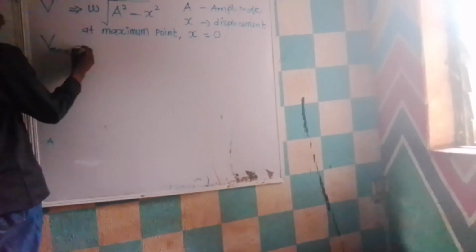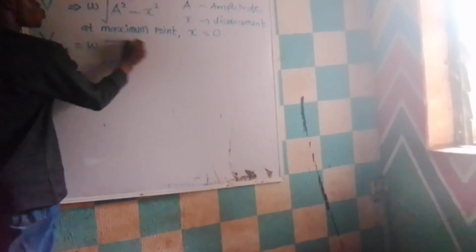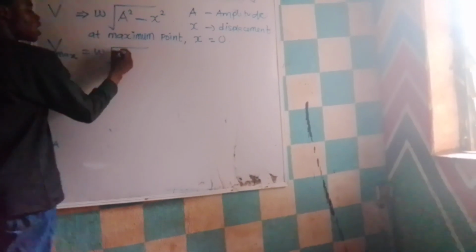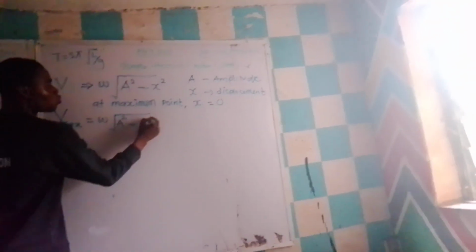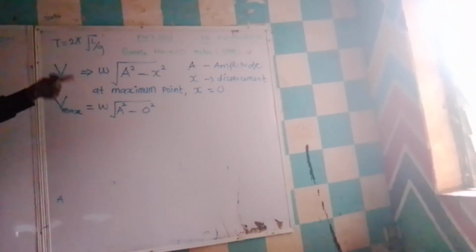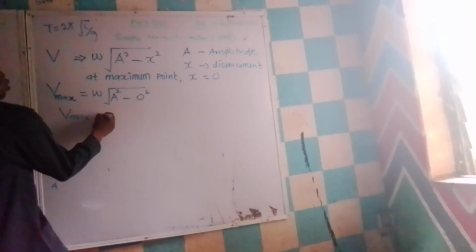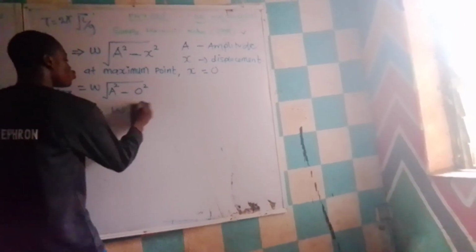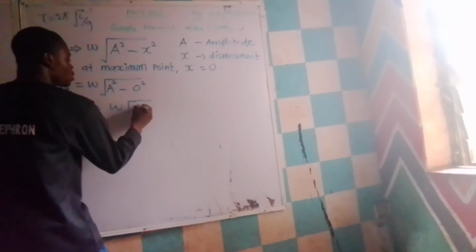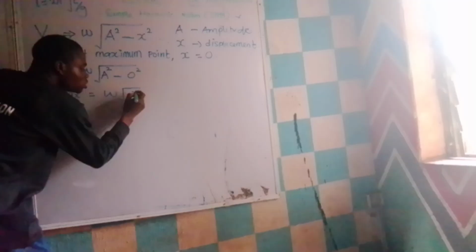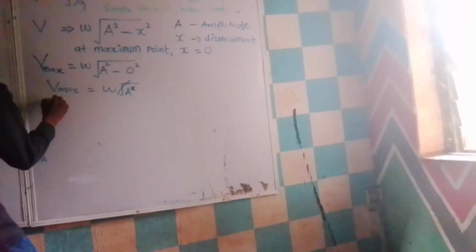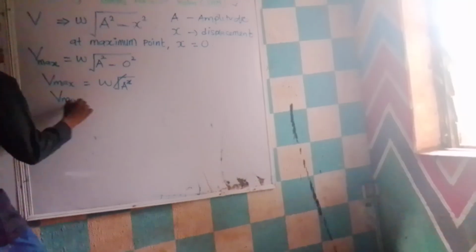V max equal to W square root of A squared minus 0 squared, which is the same as A squared. The square will cancel the square root, so V maximum equals W A. You can see that this is where it comes from.